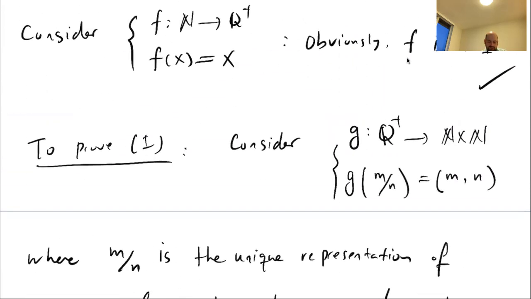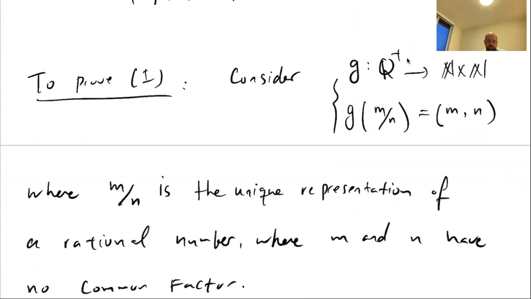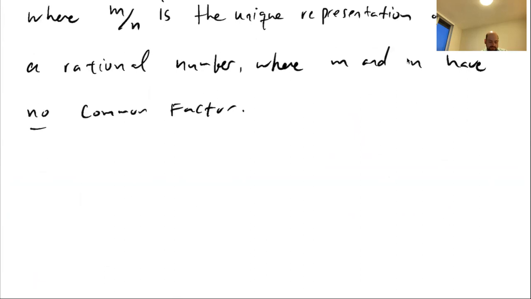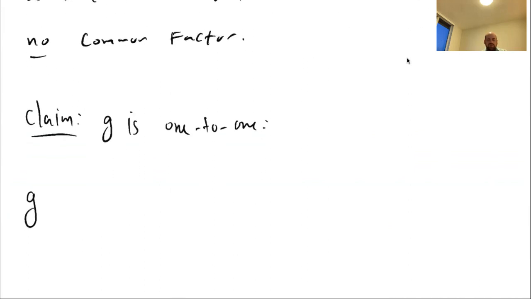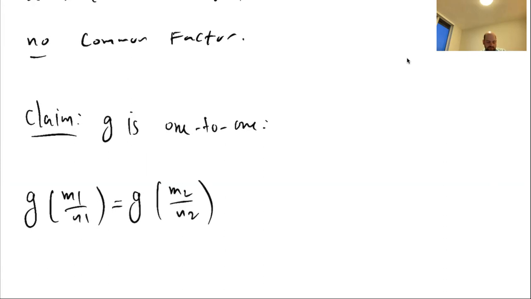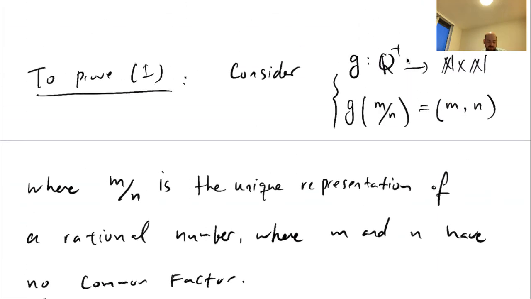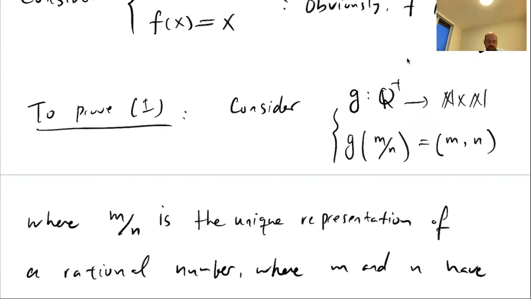Now this g is 1-to-1. Why is it 1-to-1? So, claim: g is 1-to-1. How can I show it's 1-to-1? Well, I just need to show that if g of two inputs are equal, then the inputs are equal. So let's say g of m1 over n1 equals g of m2 over n2. Then according to the definition, g of m over n is m comma n.